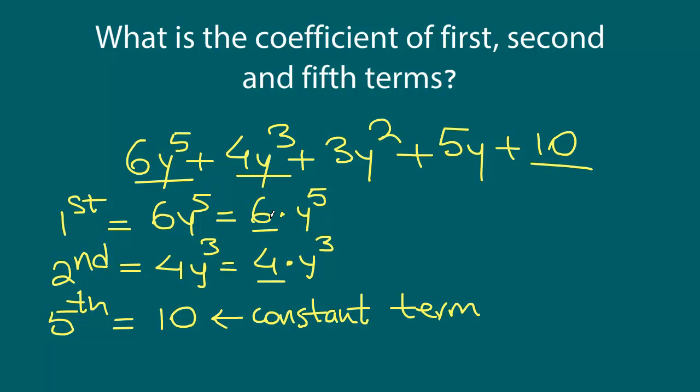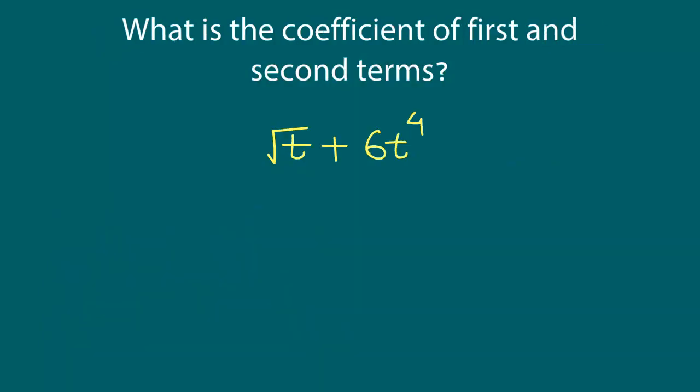When identifying the coefficients of a term, we do not consider the exponent, or the power to which the variable is raised. In the first term the variable is raised to the power 5, and in the second term to the power 3. But when identifying the coefficient, we focus on the numerical factor of the term. Let's take a look at some more examples.